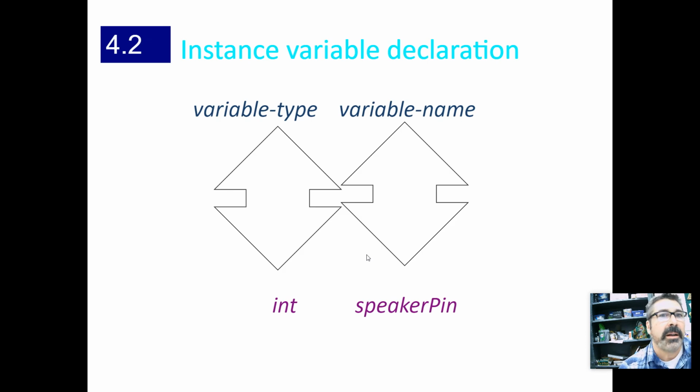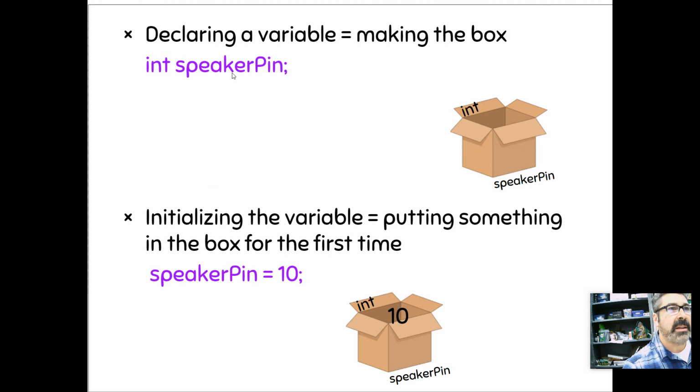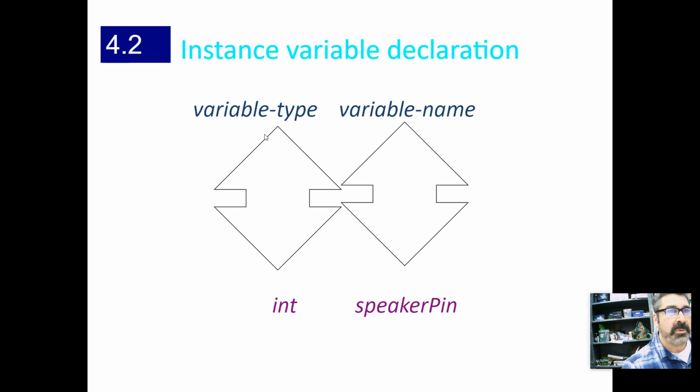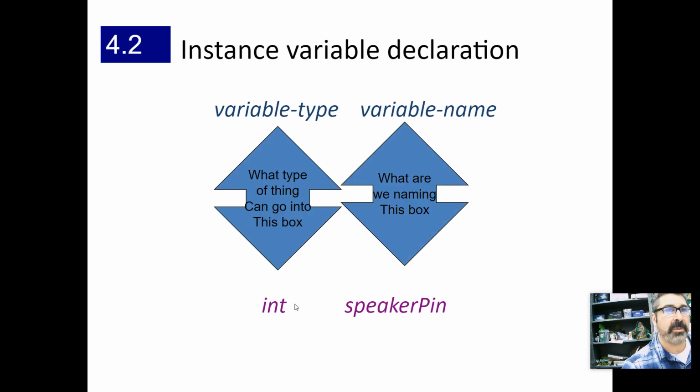All right, an instance variable declaration. Just like we have int speakerPin, you have this way of doing it. You say the variable type or the data type, in this case int, and the variable name, speakerPin. The name of the box or the variable is speakerPin. The only thing that can go into it, its data type, is integer.